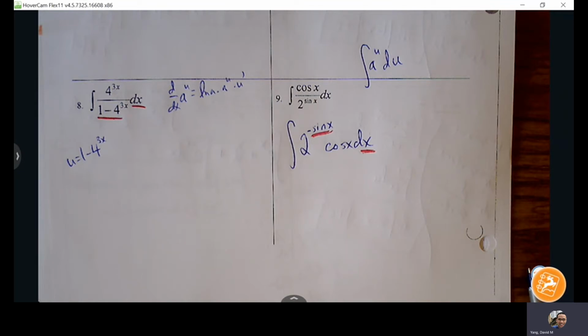After I switched it, I didn't take out the negative, but should I have taken out the negative because I switched them? Yeah. So that would have given me the answer.